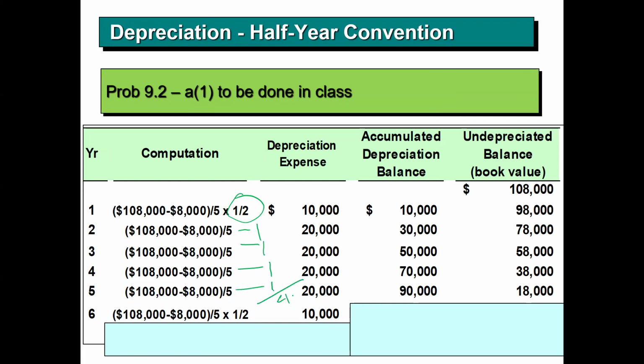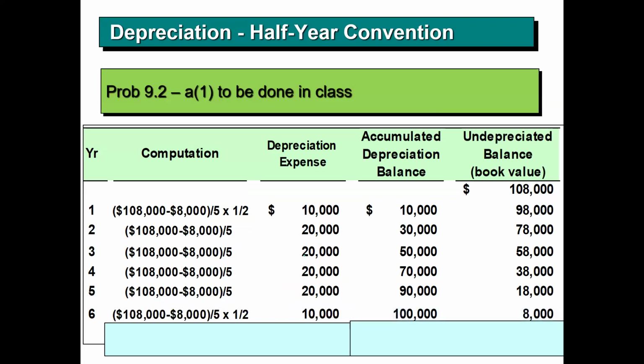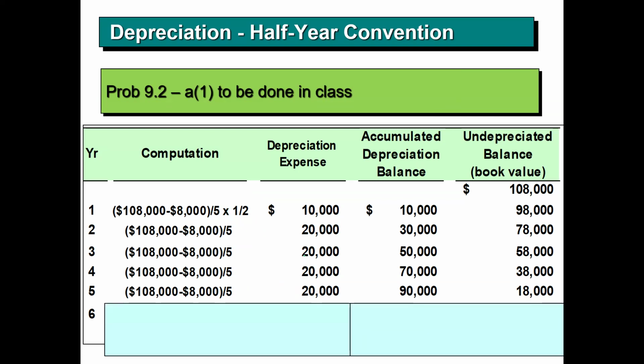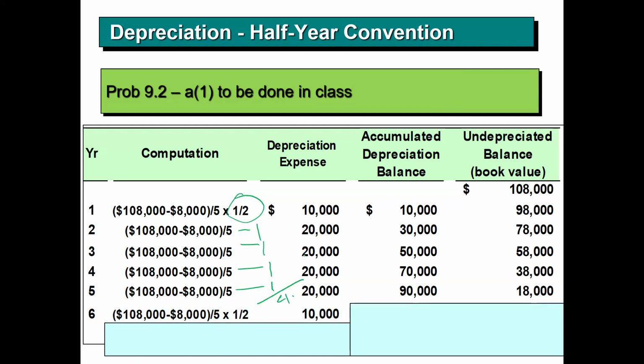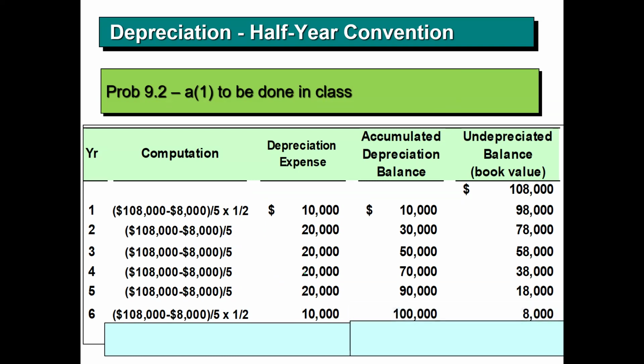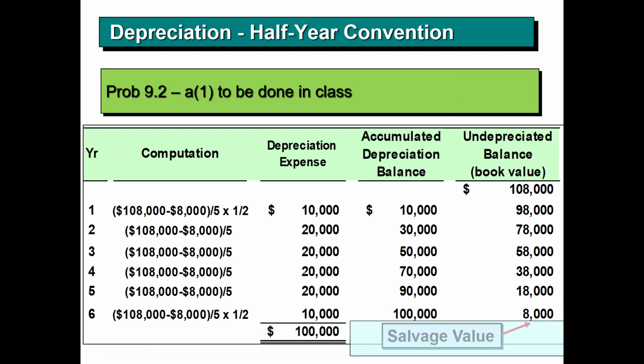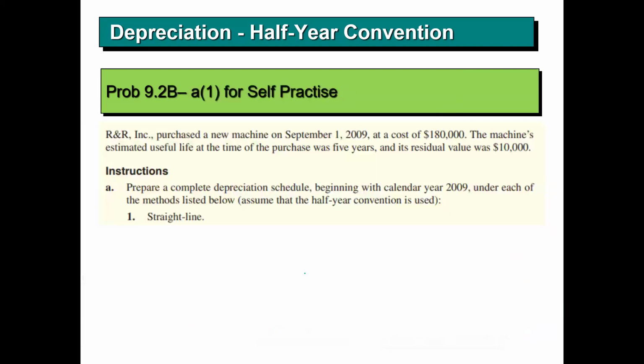That means 4.5 years of depreciation has been recorded. So we will have to move into the sixth year and record depreciation for the remaining half year. So we complete 5 years, and we'll be left with 8,000 book value, which is equal to the residual value. I would like this question to be solved by you in order to learn the half-year convention method.